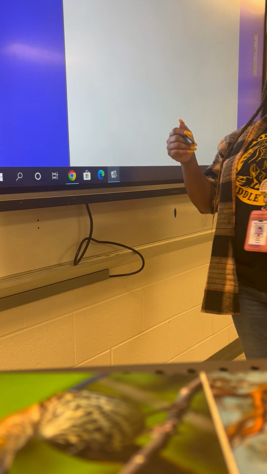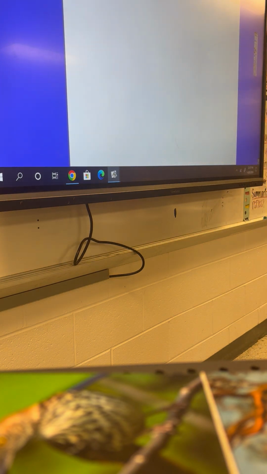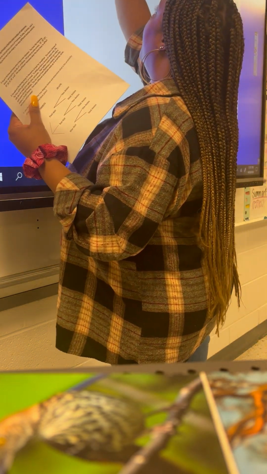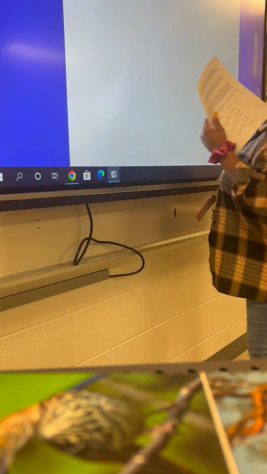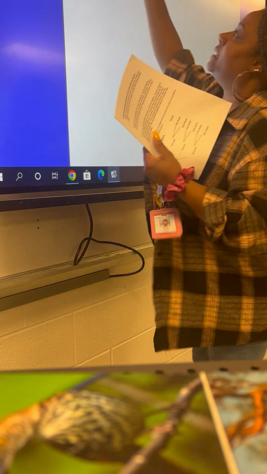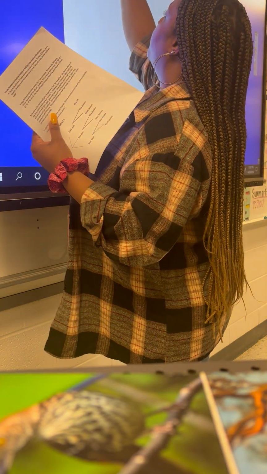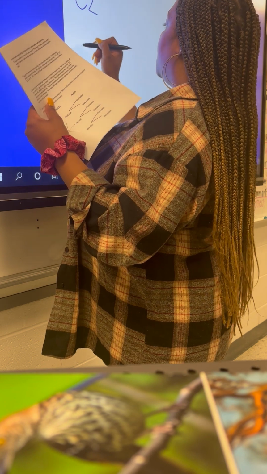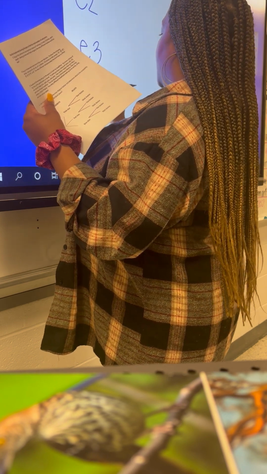The first thing we're going to do is talk about our entrees. That's where we start. We can say entree 1, entree 2, entree 3, and entree 4.